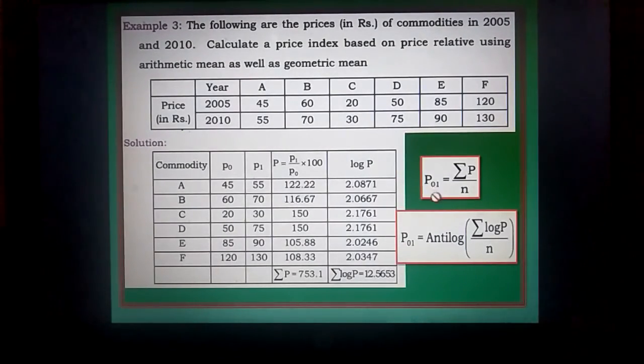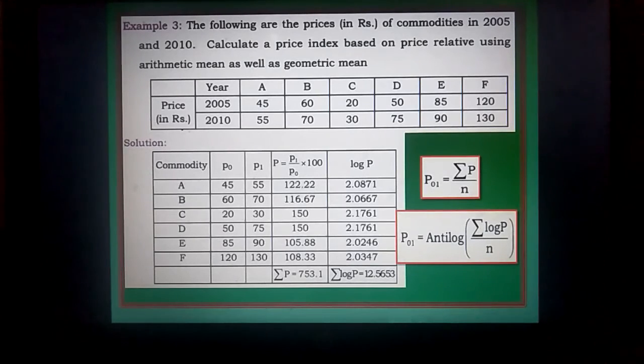So the formula is P01 equal to sum of P divided by N based on price relative using arithmetic mean, and based on geometric mean, when you use price relatives, P01 is equal to antilog of sum of log P divided by N. Since it is based on price relative, capital P is nothing but P1 divided by P0 multiplied by 100.